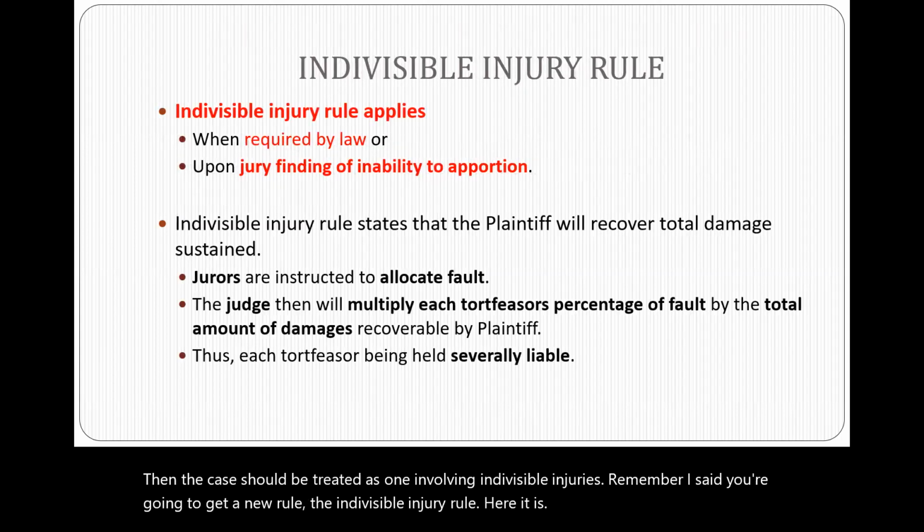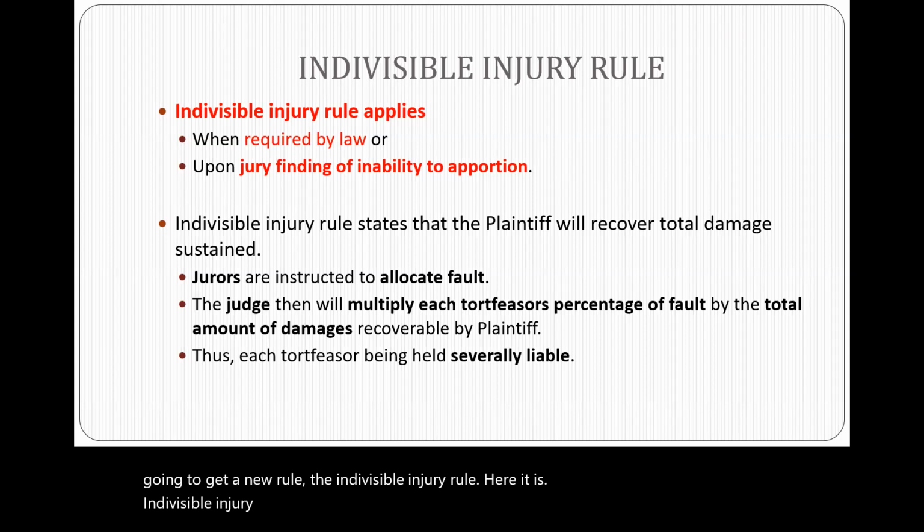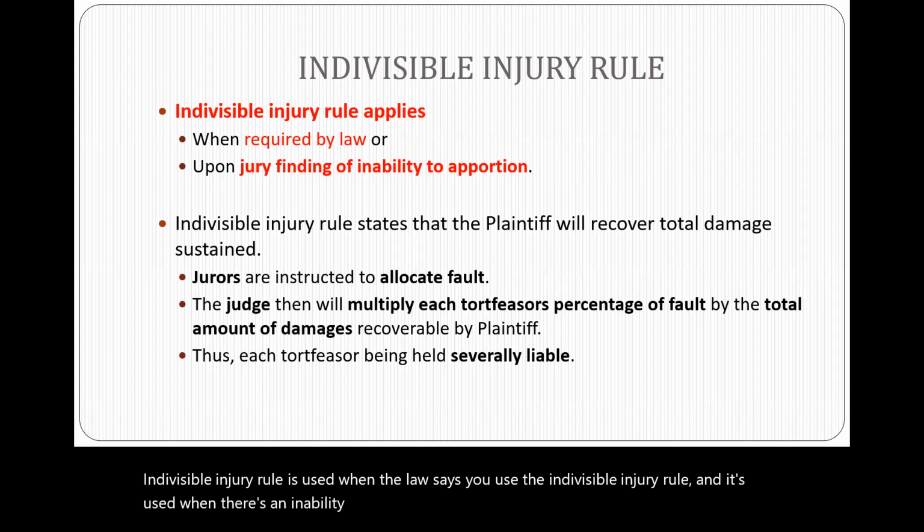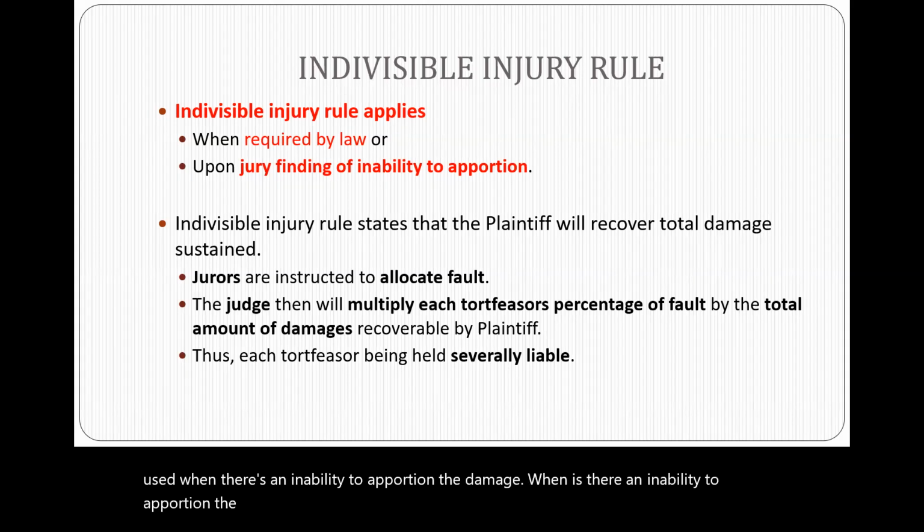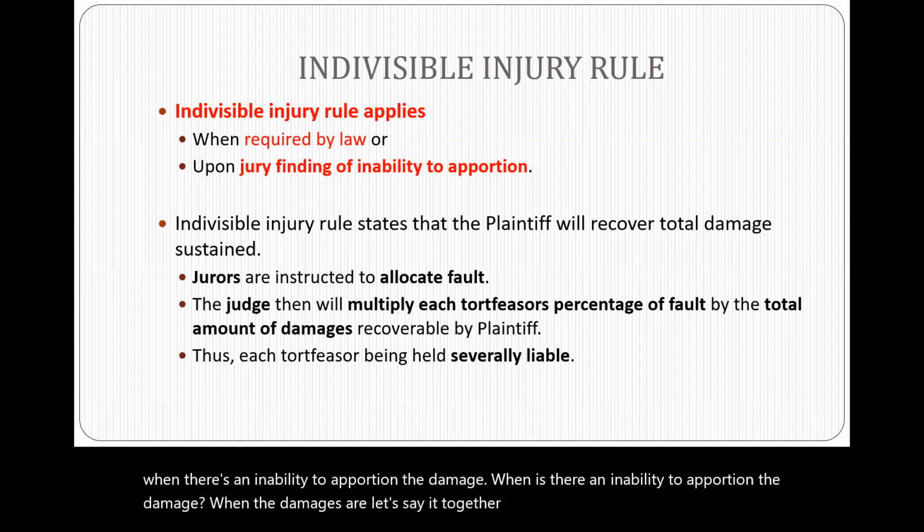The indivisible injury rule is used when the law says you use the indivisible injury rule, and it's used when there's an inability to apportion the damage. When is there an inability to apportion the damage? When the damages are, let's say it together, indivisible.